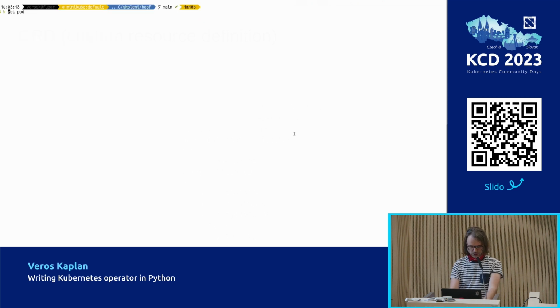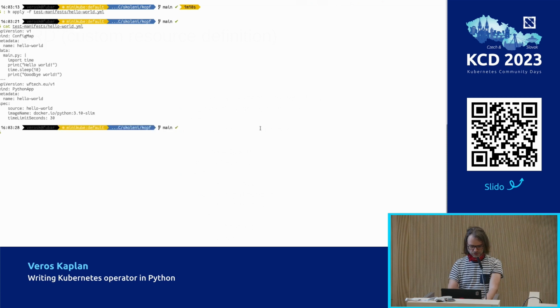So kube control apply -f manifests hello world. We can check that hello world.